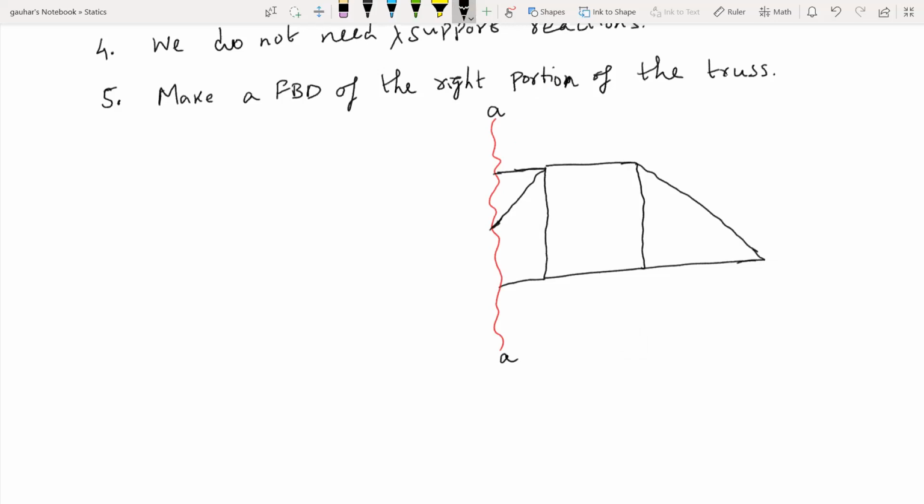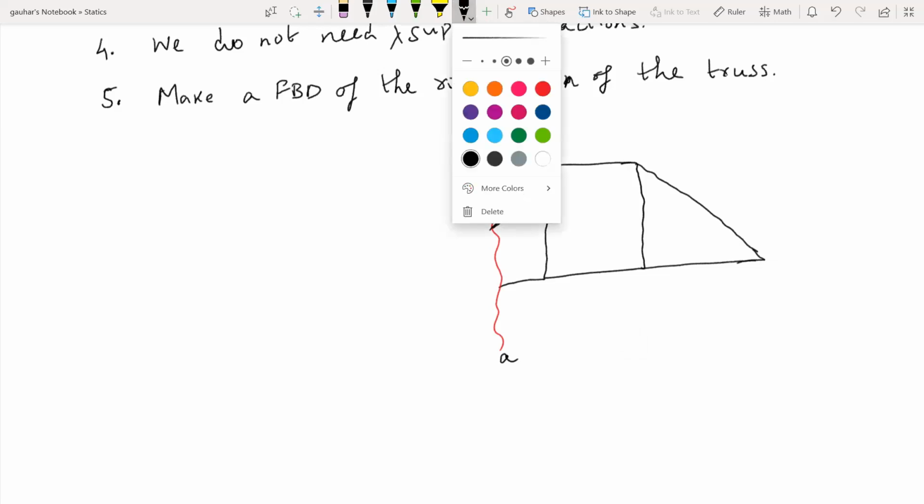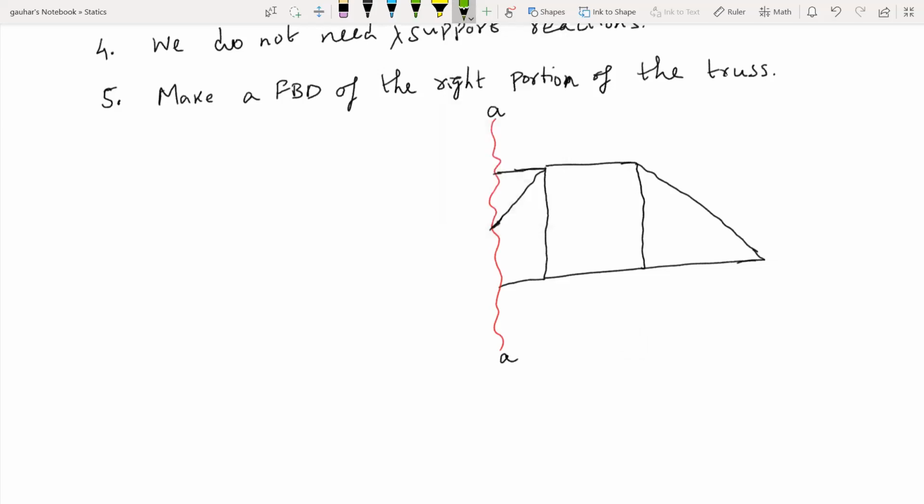Okay, now let's use some different color and show the member forces, right? So this guy is FHI. If you remember the rule, always take tension in all the members, right?